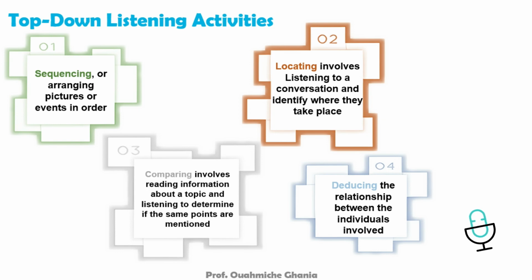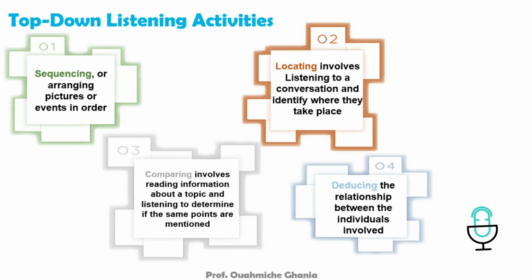To sort out these problems, we may refer to pre-listening activities to activate your schema. You can use your prior knowledge to understand the context of what you are listening to. These activities can be predicting, ordering pictures, sequencing events, or identifying locations or contexts of exchange.